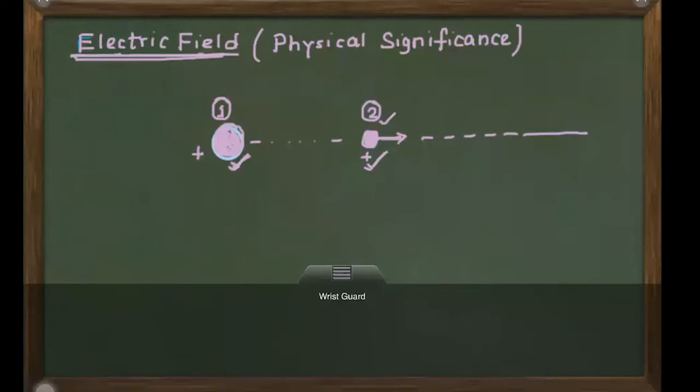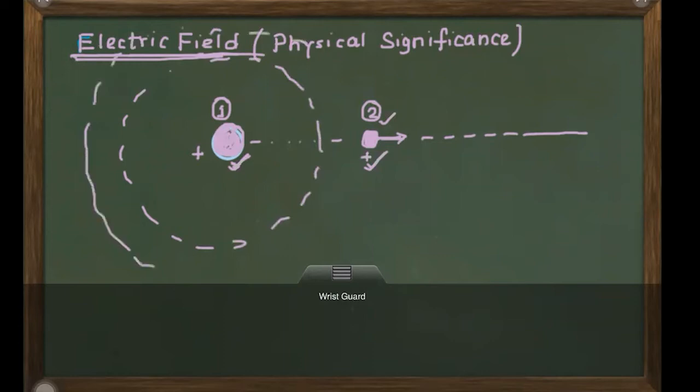So simply we can say that the electric field is a region around any charge in which if we place any other charge, it will experience either the force of repulsion or the force of attraction.